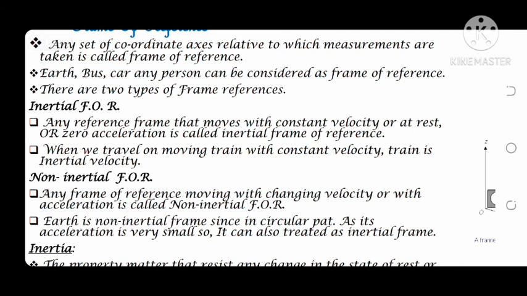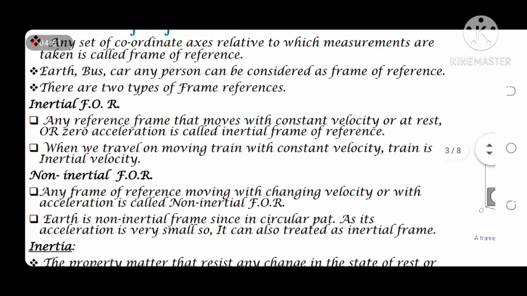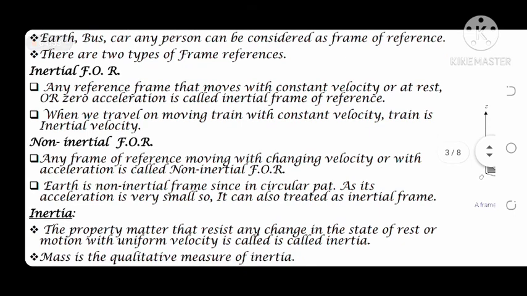When we travel on a moving train with constant velocity, the train is said to be the inertial frame. So, there are so many examples of inertial frame of reference. If we take the earth revolving around the sun with uniform speed, then it can be considered as an inertial frame of reference.